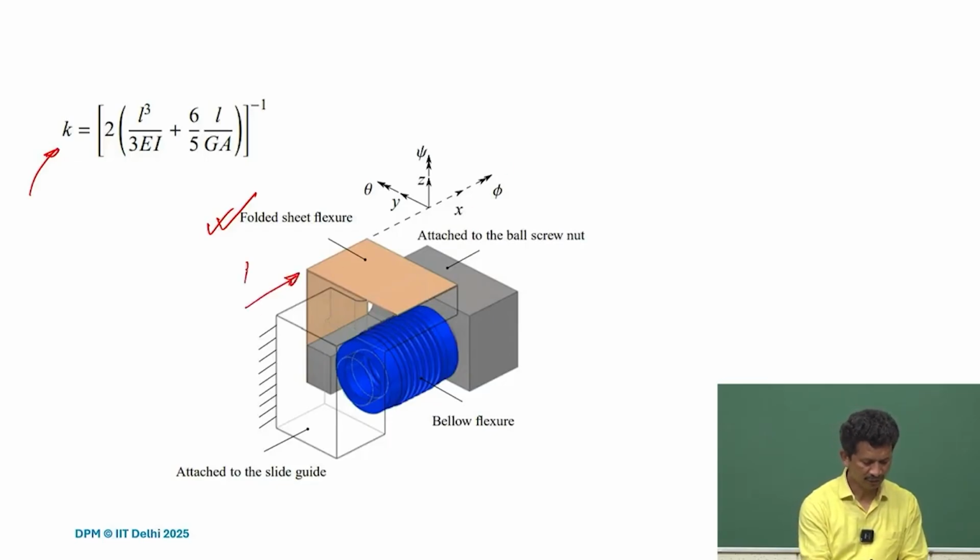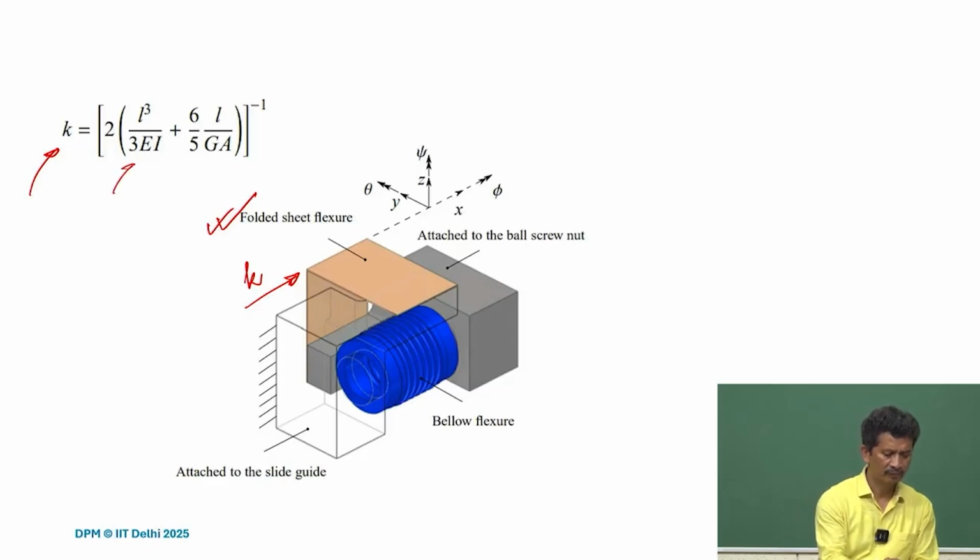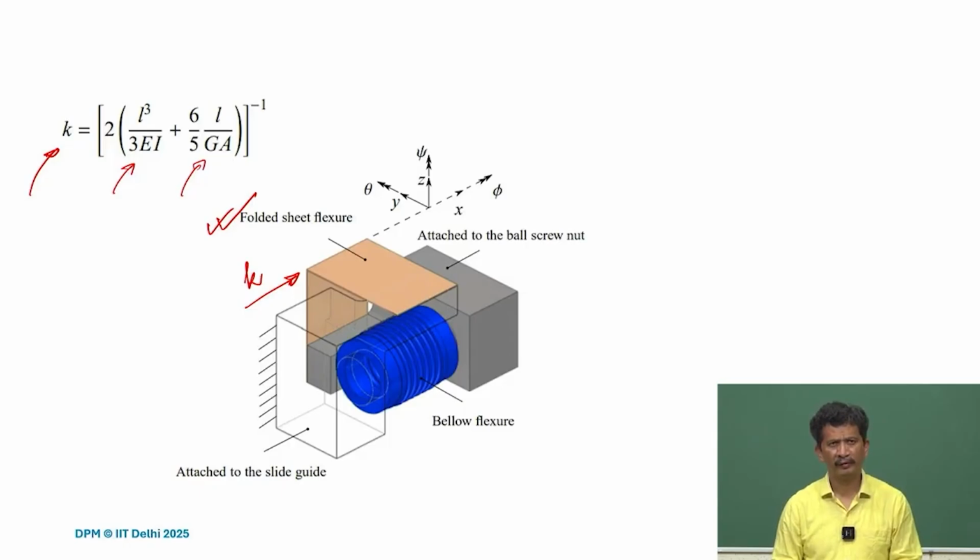What is the key, and of course it's the inverse of the compliance, and the compliance, deflection is mainly because of the bending and the shear. So both are there, and then we can directly use from there.